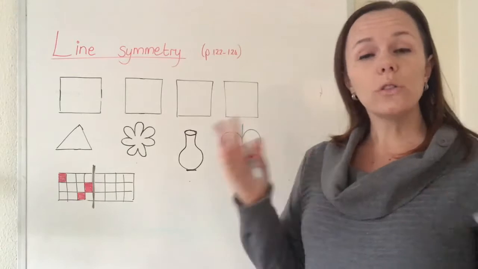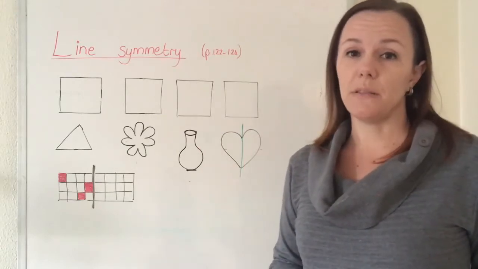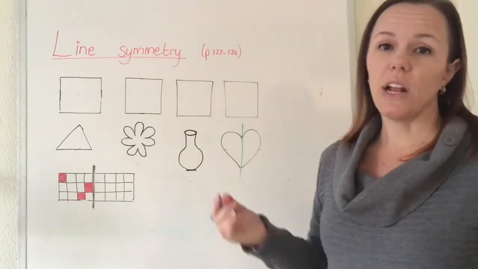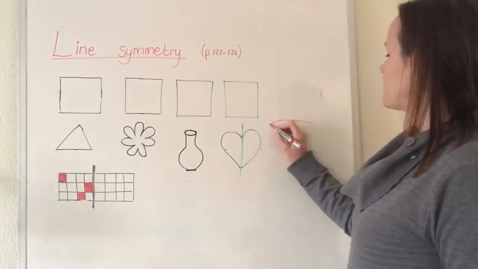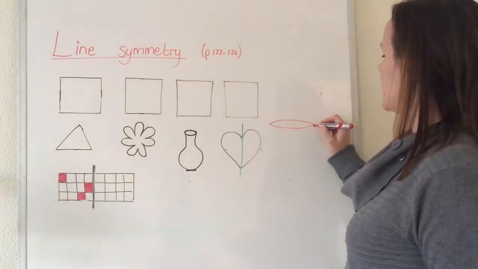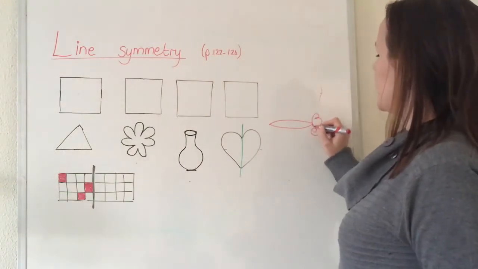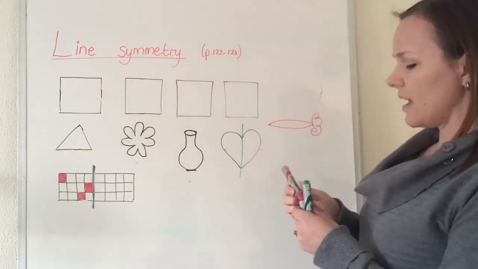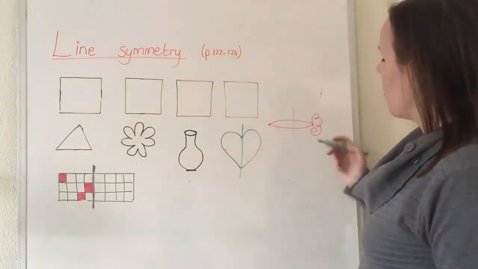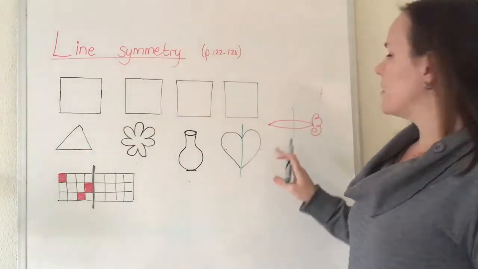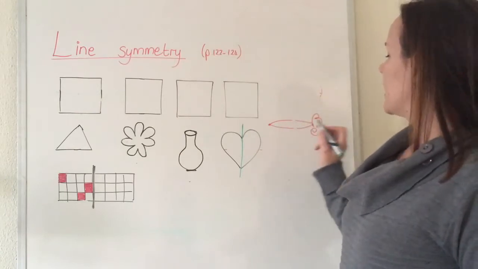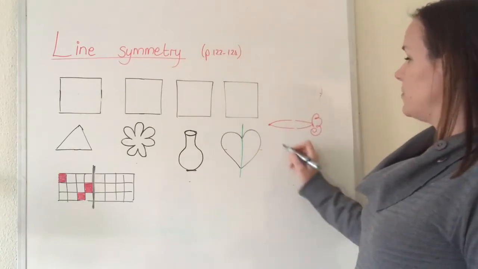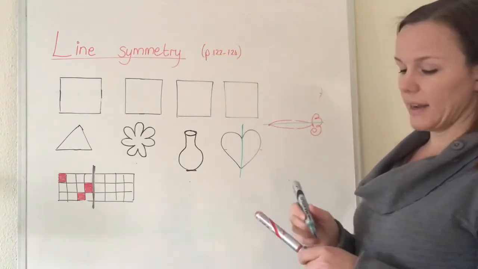Now, not all shapes and objects are symmetrical. Sometimes they look different. If I have a pen, for example, let's say my pen looks like this and it has a big thing at the back and a pointy thing there. I cannot divide it in half and say that it looks the same on the one side as the other side. Unless this part is symmetrical, then I can maybe divide it like that.